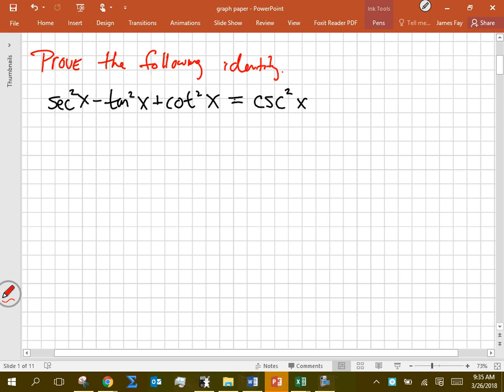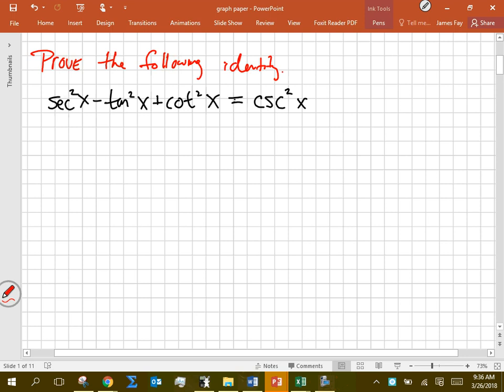Okay, prove the following identity. Meaning that they want you to show algebraically that that left-hand side is exactly the same as the right-hand side. Or vice versa, show that the right-hand side is the left-hand side. When we prove identities, again, there's going to be multiple ways you can do this.